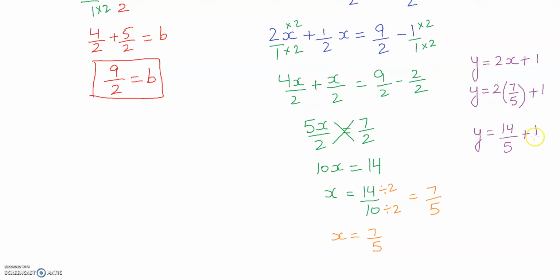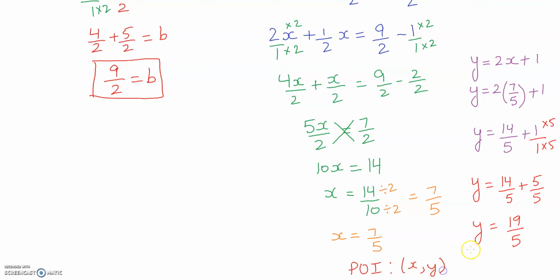Again, I will take the LCM: 14 over 5 plus 5 over 5. y is equal to 19 over 5. Therefore, the POI, which is the point of intersection, is (7 over 5, 19 over 5).